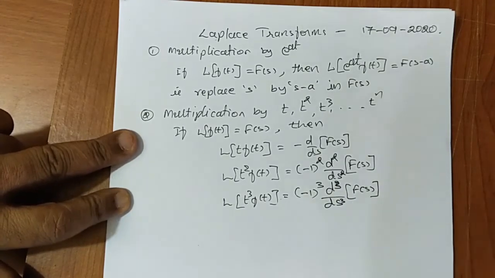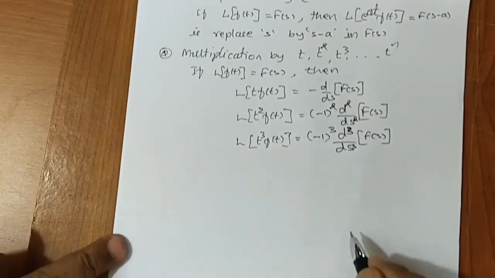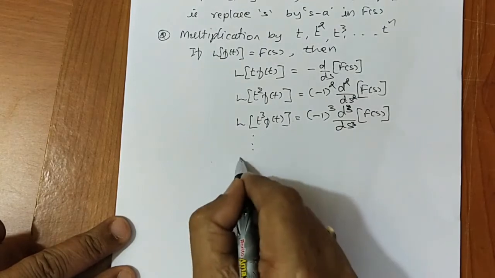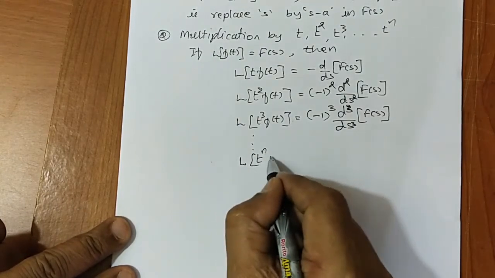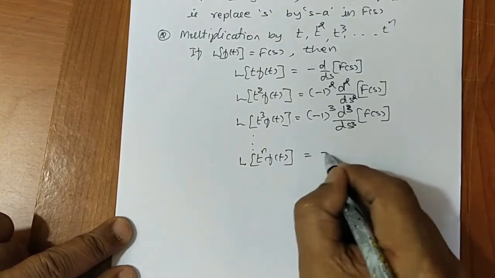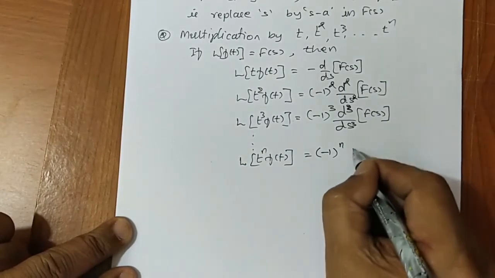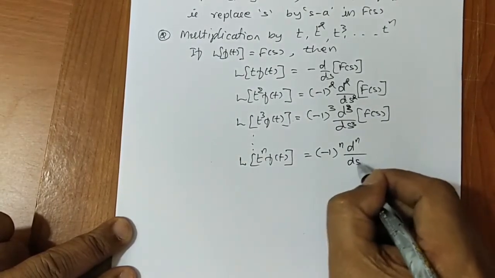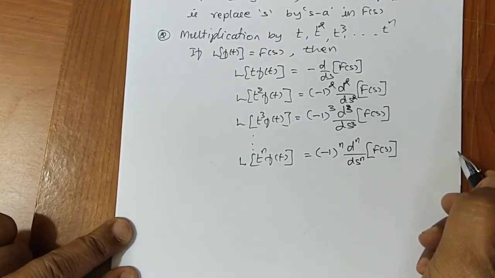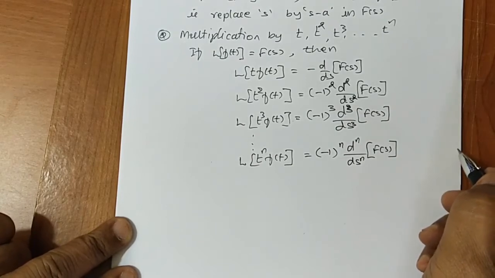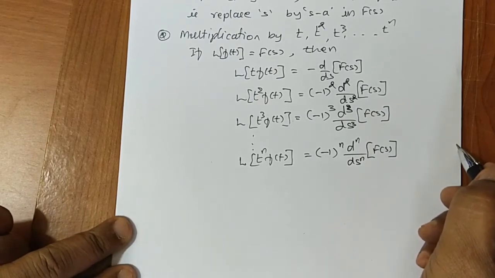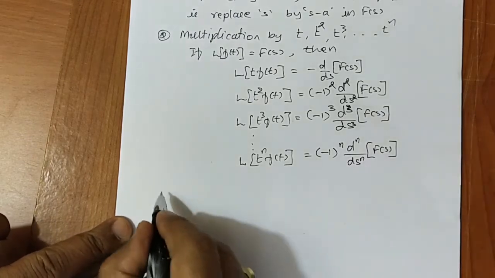Like this I can generalize: L of t raised to n times f of t is minus 1 raised to n, d raised to n by ds raised to n of F of s, that is, the nth order derivative of F of s. This is the second formula we studied in the last class. We have solved problems on this also.